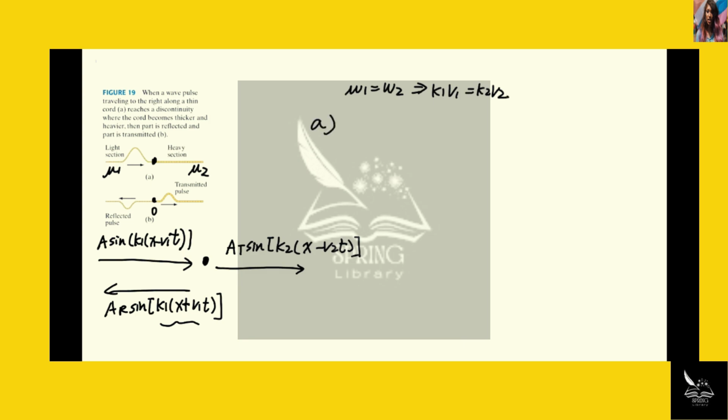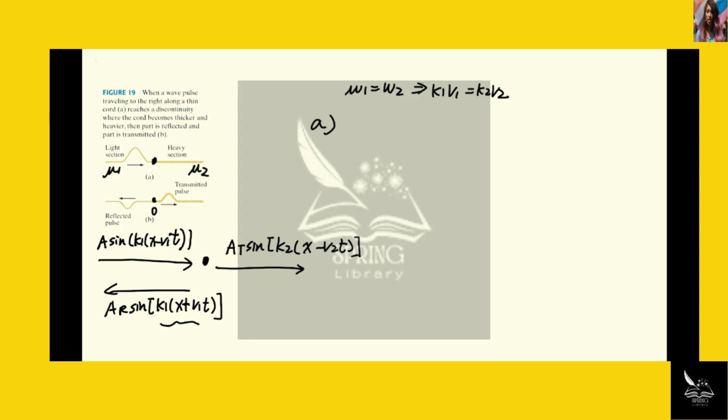We have three parts. Part A asks: the chord is continuous, so a point that is infinitely close to the left must have the same displacement as a point just to the right.